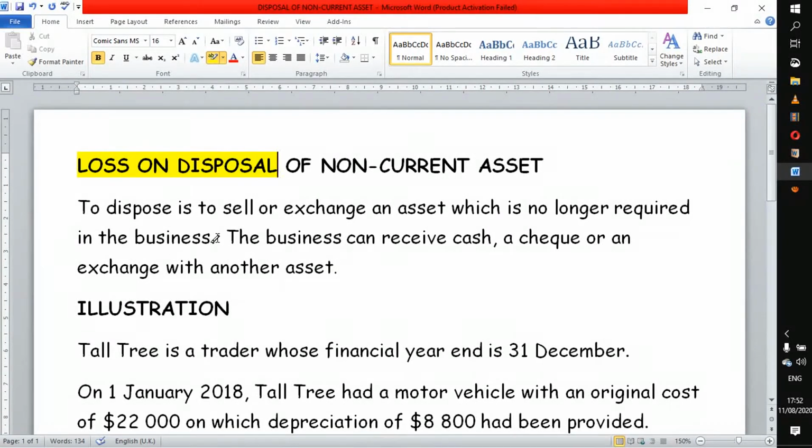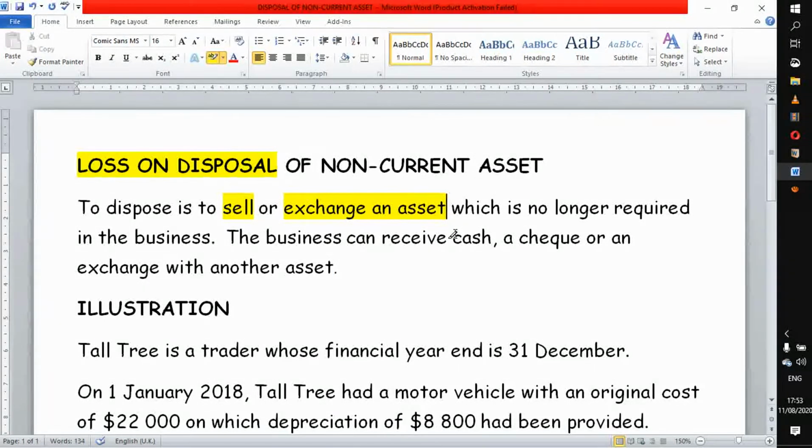Now, what happens when a business is disposing an asset? Actually, to dispose is to sell an asset or to exchange it for another asset. Maybe the business no longer wants the asset, or it wants to upgrade to another asset, so it can dispose of its asset.